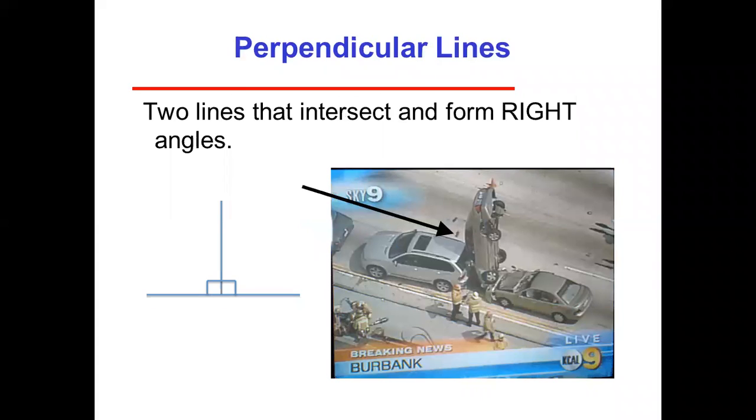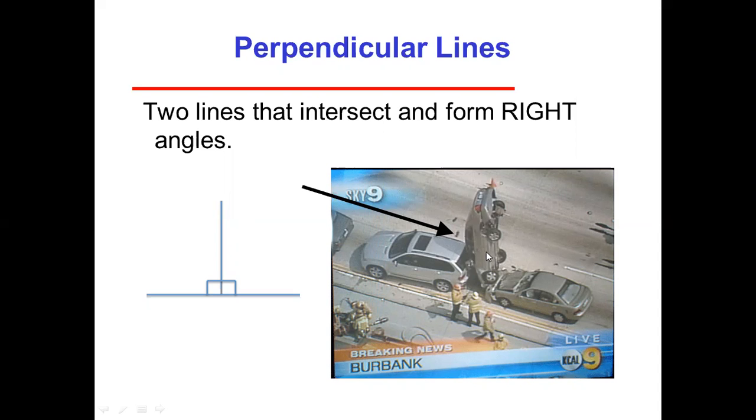Perpendicular lines, you can see in the diagram. Perpendicular means the lines form a 90-degree angle with each other. One of the best examples, you can see, there are three cars, and after a collision, one of the vehicles stands at 90 degrees. So two lines that intersect and form right angles. In this case, they are colliding with each other and forming a 90-degree angle.